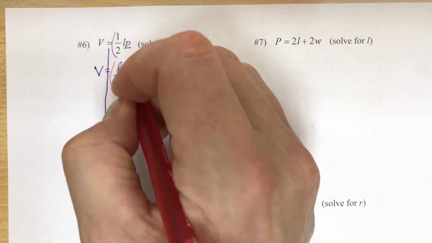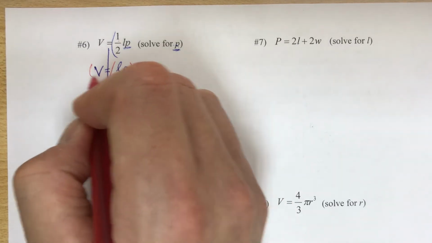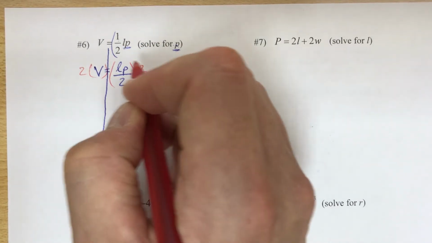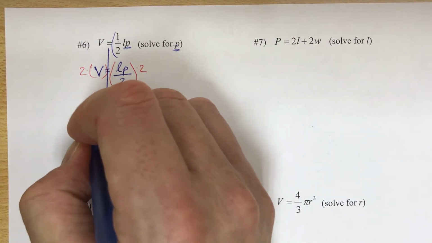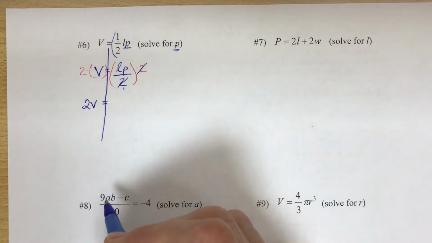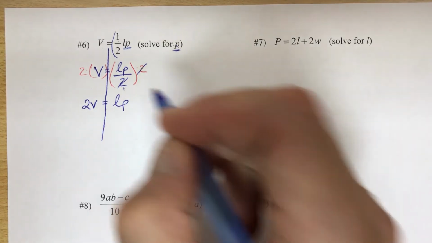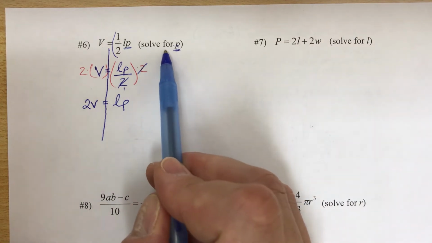First thing I'm going to do is undo division. So I'm going to multiply both sides by 2. And what we get is 2V, 2 times V equals, here the 2's divide out to 1. That's L times P. Now, as you go through, you have to remind yourself, what are we solving for?